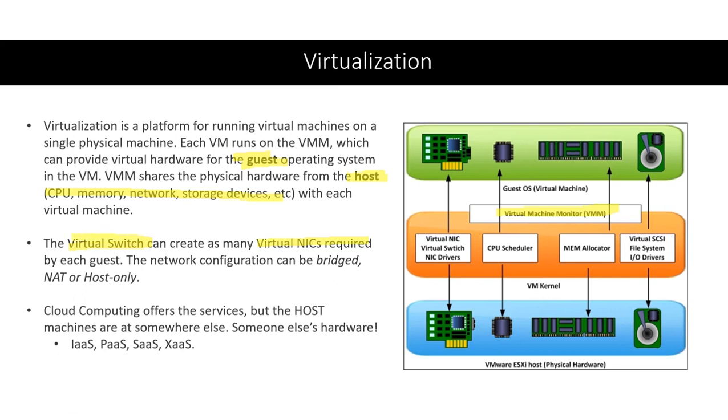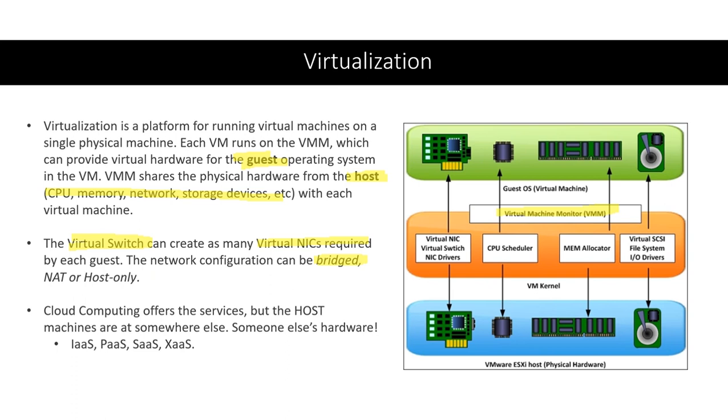Now, all this virtualization also has a virtual NIC, a virtual network interface that connects to a virtual switch. Everything is virtual, right? But it mimics exactly the real-world physical switches and network cards. So there are three ways that you can run this. You can run it in bridge mode.